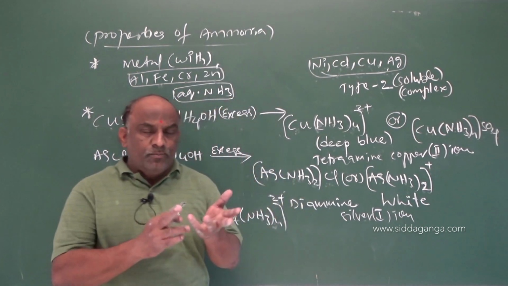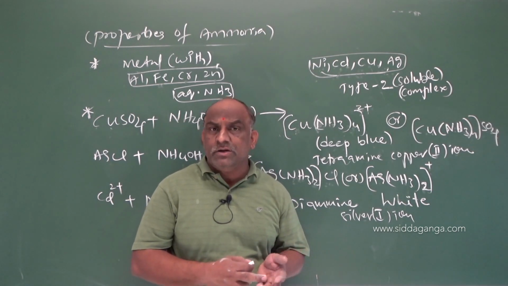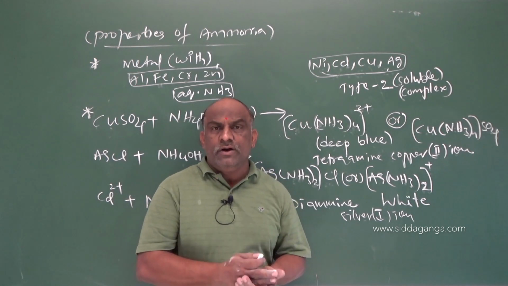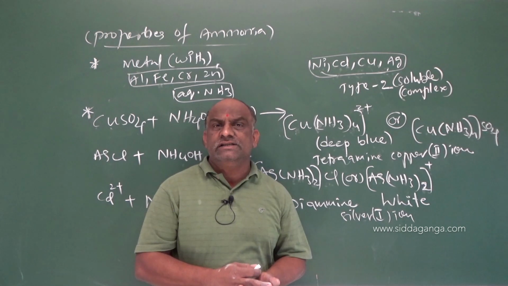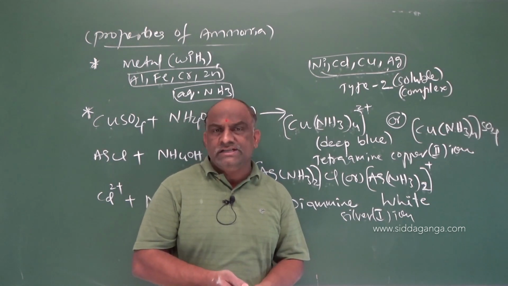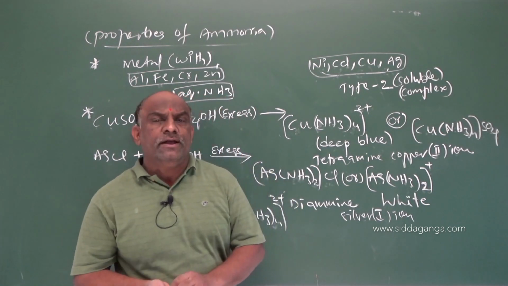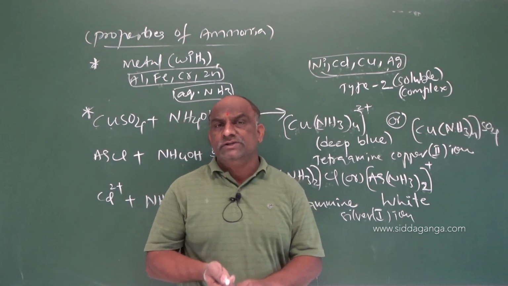Property number 1, basic character. Ammonia is a weak base. Aqueous ammonia is a weak base, and dissolved in water it produces OH minus ions. Ammonia reacts with acids to form salts. Examples: HCl plus ammonia gives NH4Cl, and sulfuric acid plus NH3 gives (NH4)2SO4.